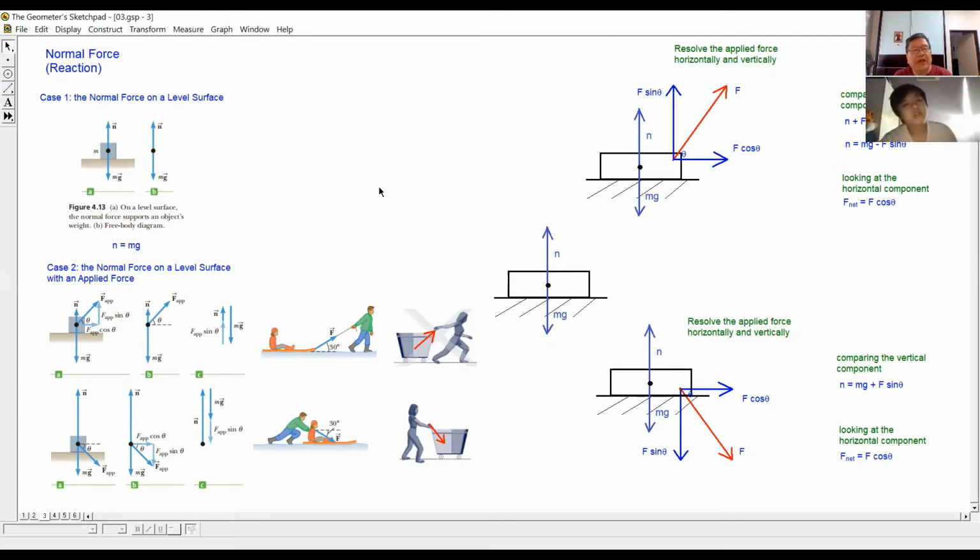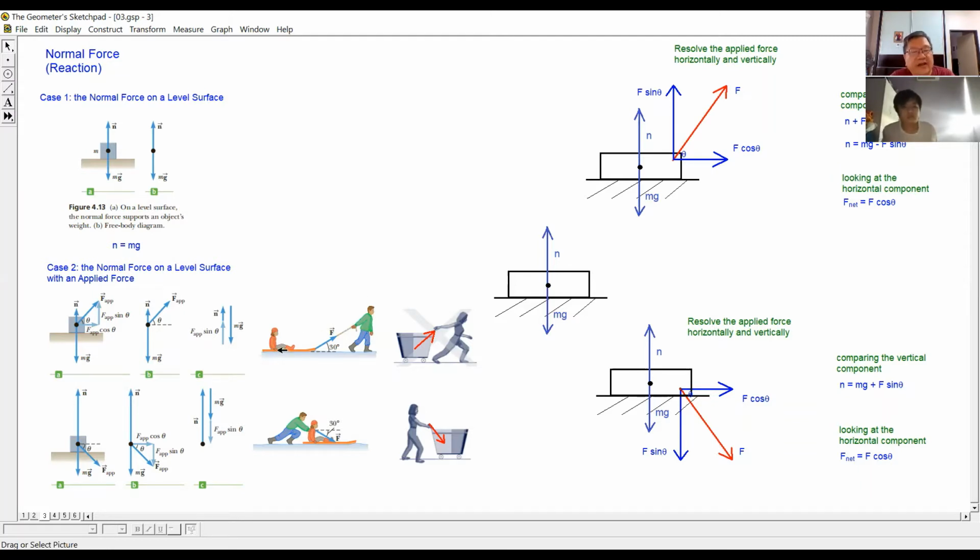However, in practice, there are many variations. The first variation is, for example, you apply a force on the object. Will the normal reaction still be equal to mg?